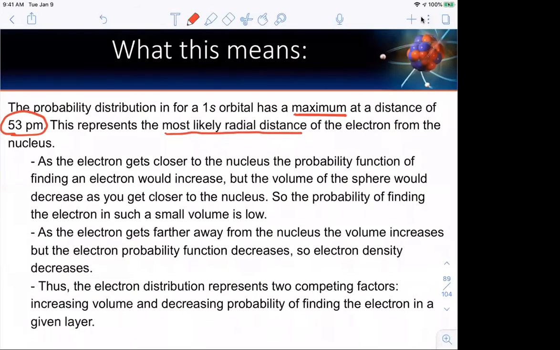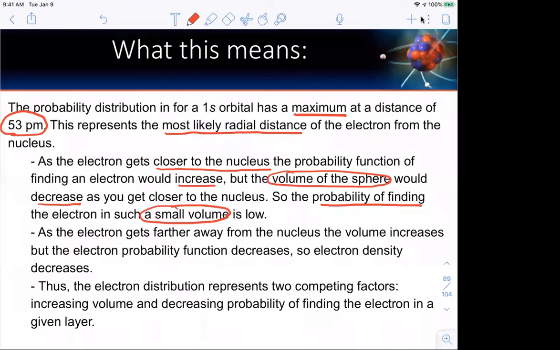As the electron gets closer to the nucleus, the probability would increase, but the volume of the sphere would decrease because I'm sort of squeezing it down, right? I'm looking at spheres, so the closer to the nucleus, the smaller the sphere, so that volume would decrease. So the probability of finding that electron in such a small volume is very low.